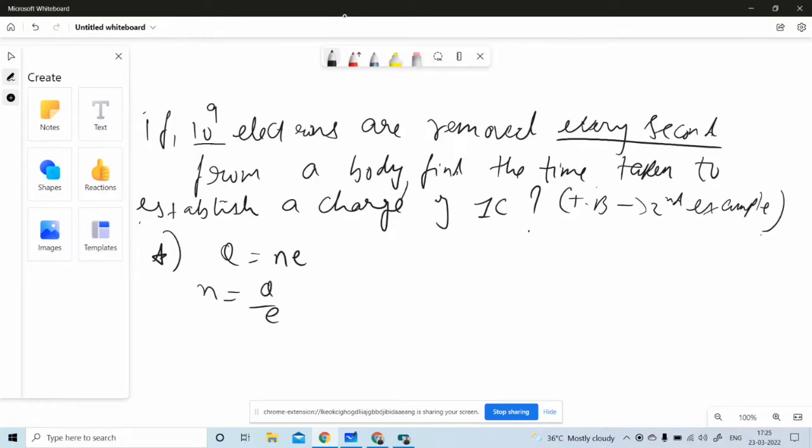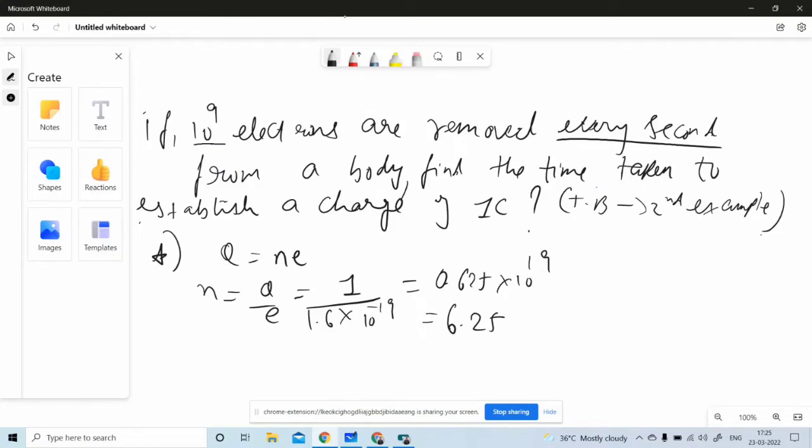Q is 1 coulomb, charge of electron is 1.6 into 10 raised to minus 19. So this comes out to be 0.625 into 10 raised to 19, or you can say 6.25 into 10 raised to 18. This many electrons are to be removed to establish a charge of 1 coulomb.